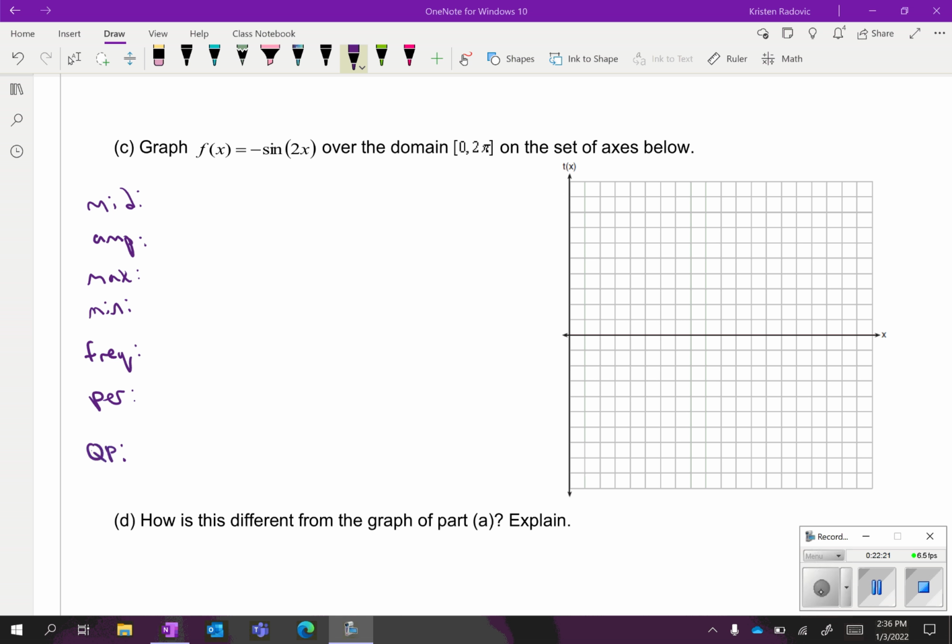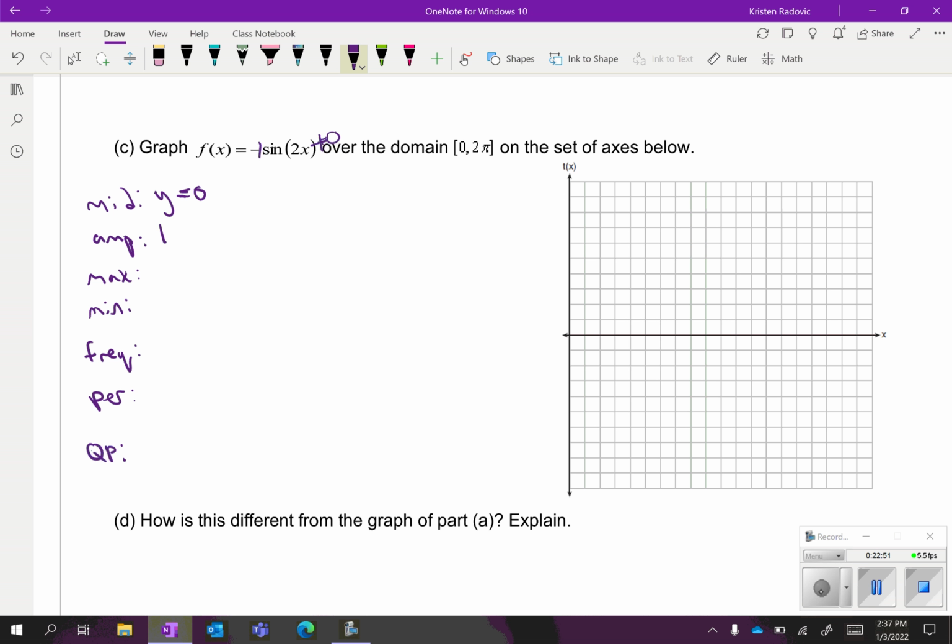So your midline is what you're adding or subtracting onto the equation. And in this case, you are not adding or subtracting anything, so your midline is the x-axis. It's plus 0. Just make sure you write y equals 0. Your amplitude is what's in front of the trig equation, which in this case is a 1, not -1, because an amplitude is a distance and it's always positive.